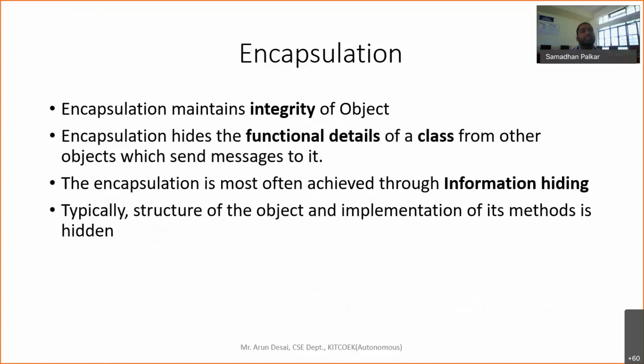From whom does it hide? From the object which is going to send a message to that class or object. Those details are hidden, right? So encapsulation is basically hiding functional details.